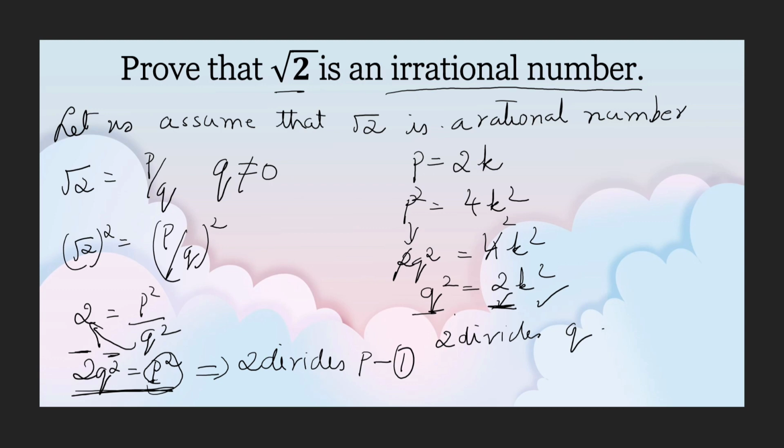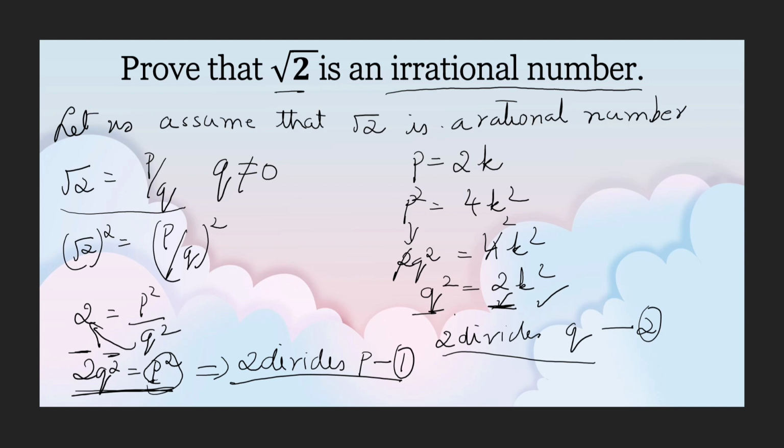So let it be equation 2. Here you observed that 2 divides p. Here you observed that 2 divides q. So our assumption that root 2 is a rational number is wrong. Here we have taken it as p and q have no factors other than 1.